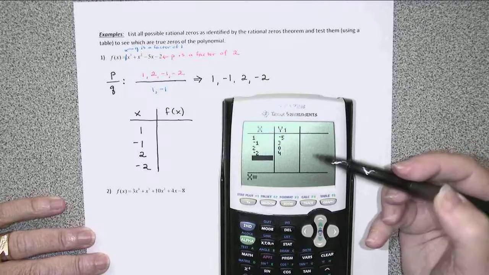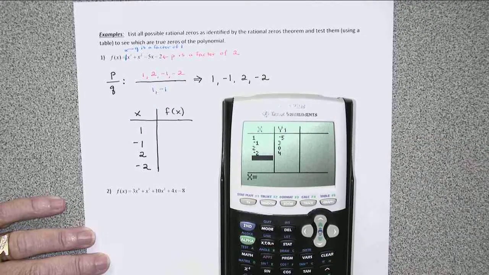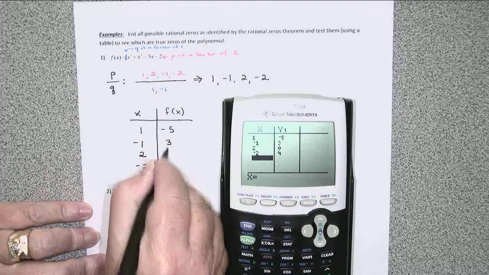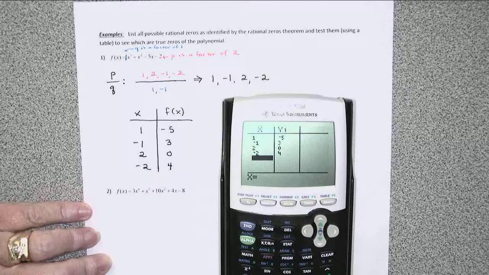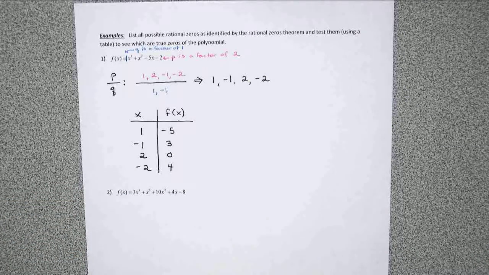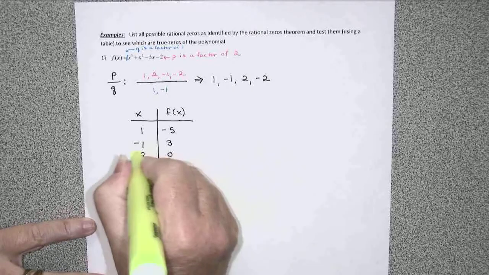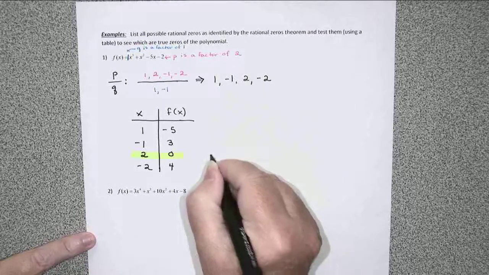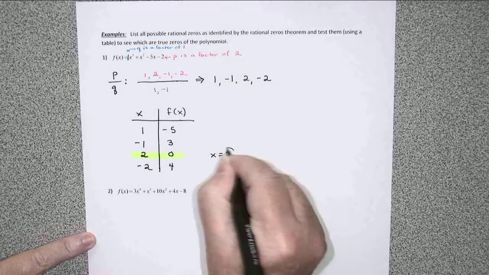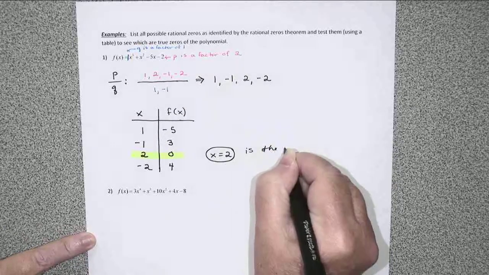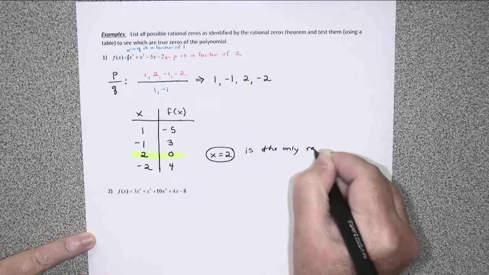We can see right away only one of them actually gives us a 0 for the function value. So when we substituted our candidates into the function, only x equals 2 actually gave a 0 for an output. So x equals 2 is the only rational zero.